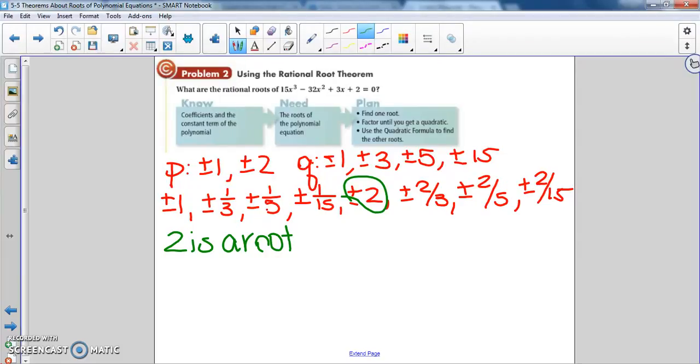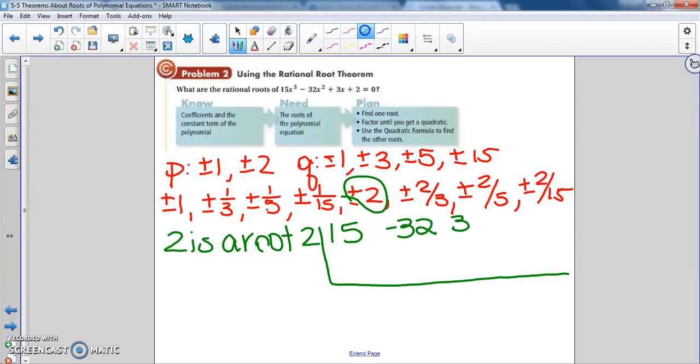So now we're going to factor the polynomial using synthetic division. 2 is our root, so we're going to set up synthetic division with 2 on the outside: 15, negative 32, 3, and 2.